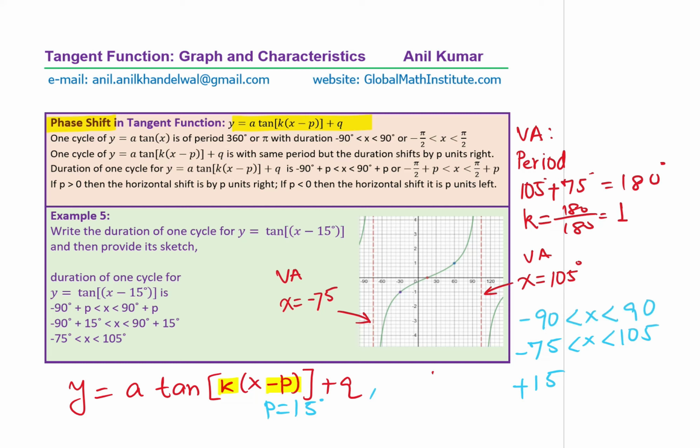You can also confirm this from the points A dash and B dash. The point B dash, if you can read it from the graph, is 15 degrees, 0. Instead of being at the origin, it has shifted 15 degrees to the right, and that gives you the value of P as 15.